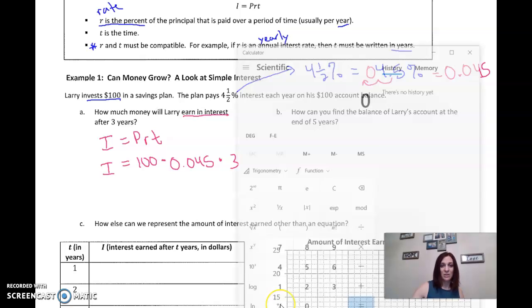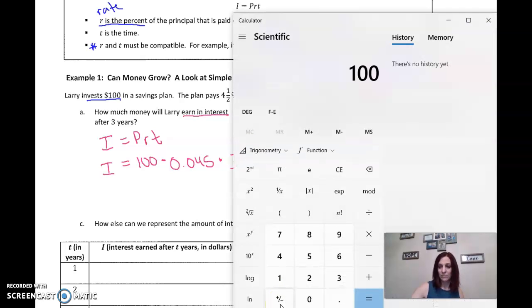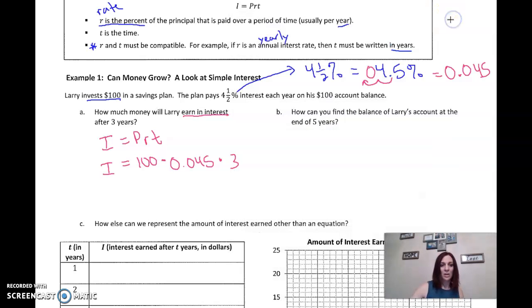And if you just type that into a calculator, you get 13.5. But this is money, so we put a 0 here and a dollar sign up front. He'll earn $13.50.